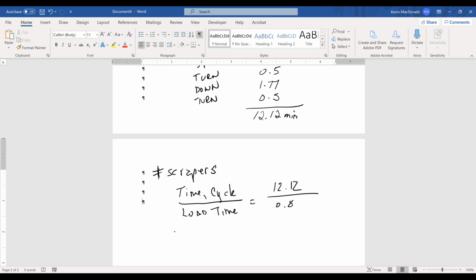And so our job is going to allow us 15.15 scrapers. It's what we're going to need so that we have a train of equipment going.